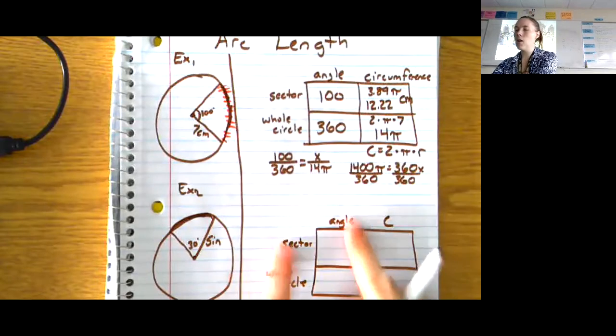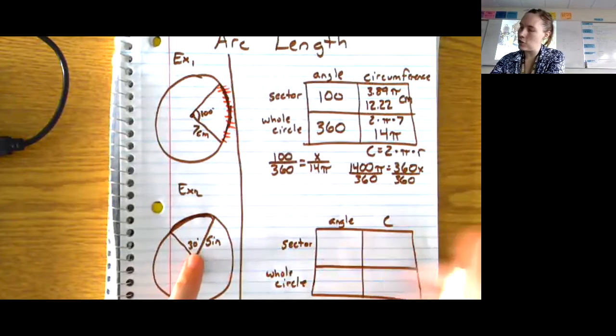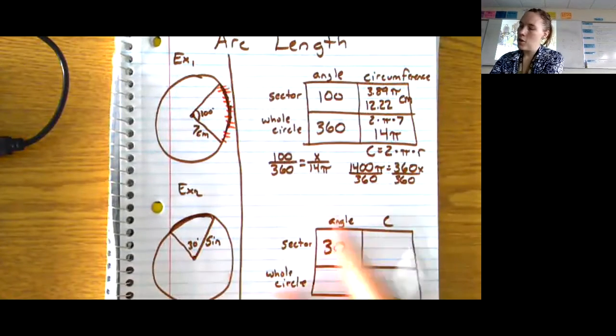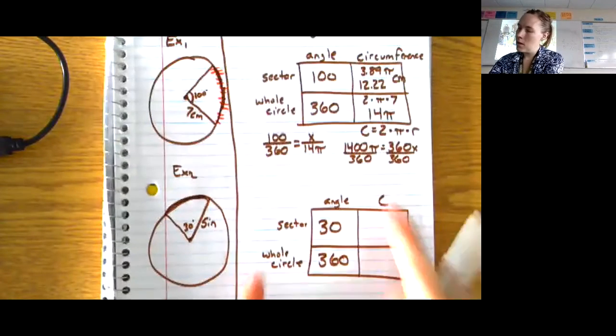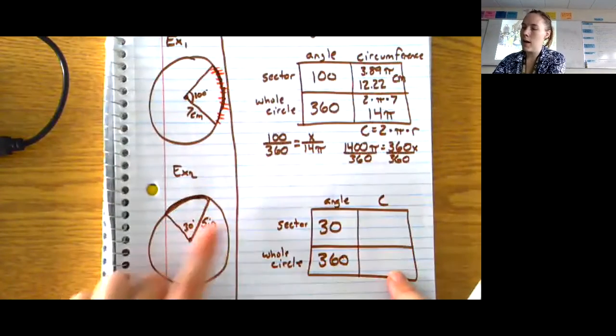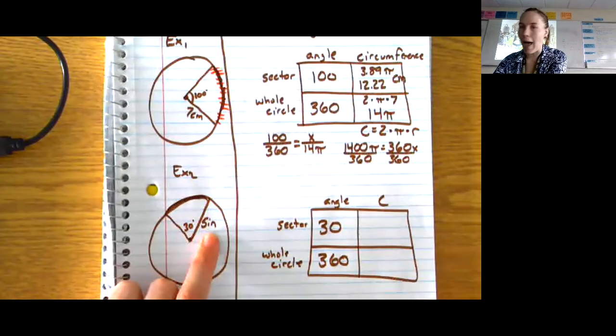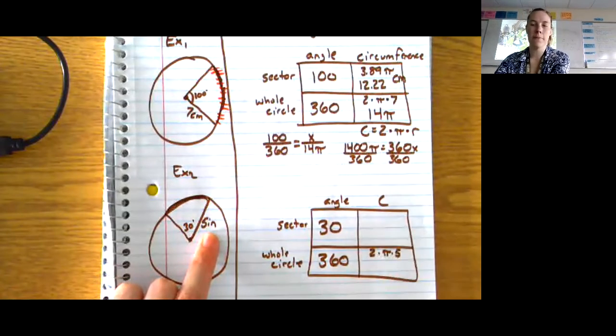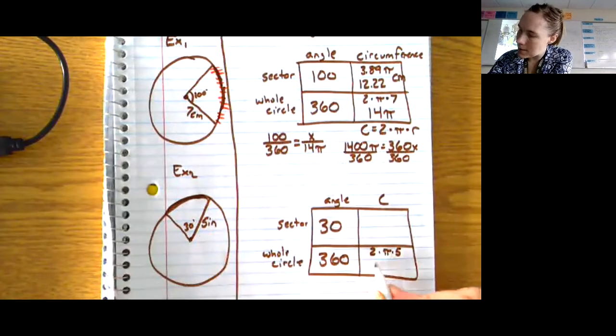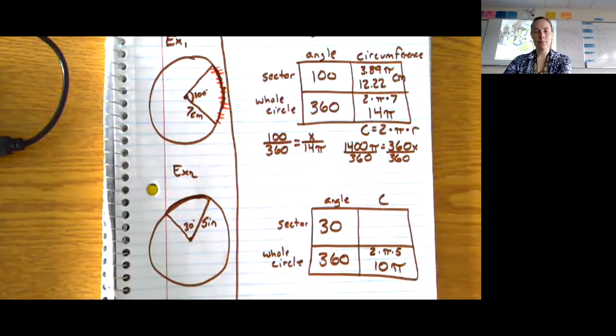All right, the angle of the sector we're looking at is 30 degrees. All circles are always over 360 degrees. For my circumference here, I want to look at my radius, which is 5. So it's 2 times pi times 5. 2 times 5 would give me 10 pi.